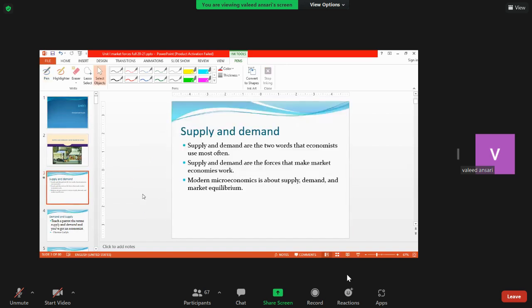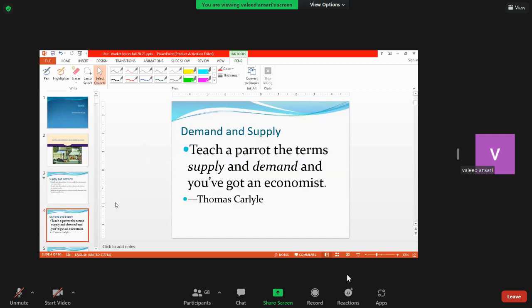I have already explained this. You know that there is a famous quotation by Thomas Carlyle, who said that if you teach a parrot the term supply and demand, you have got an economist.